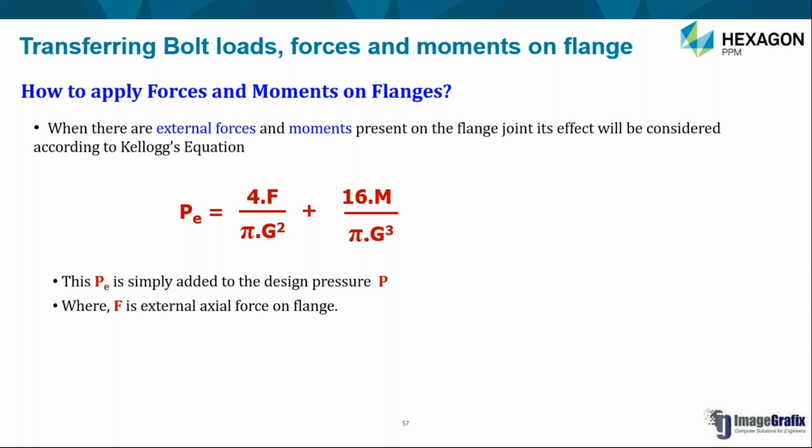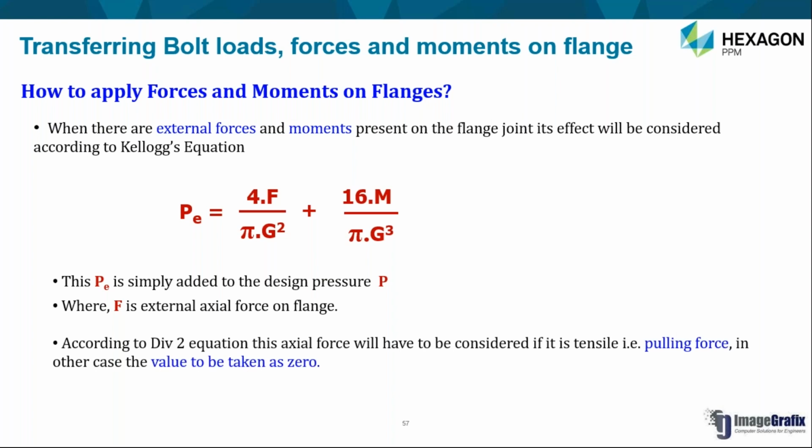This is only when the axial force is in the outward direction, which is nothing but tensile in nature, meaning it is supporting the pressure. The primary function of that pressure is to separate the flange. And if, let's say, the weight of the equipment or some axial force is trying to push the flange down, it is acting in the reverse direction to the pressure. So there we don't have to consider that effect.